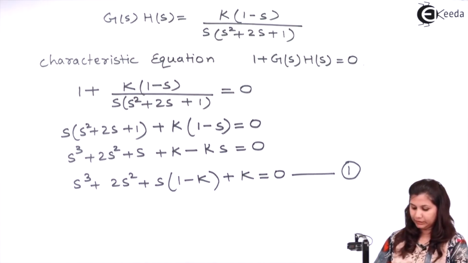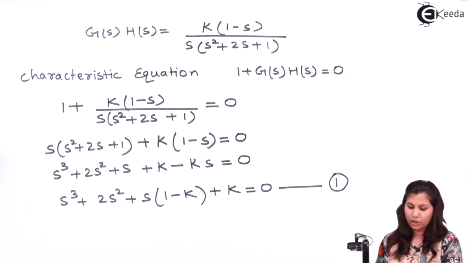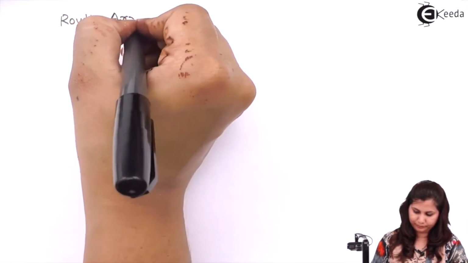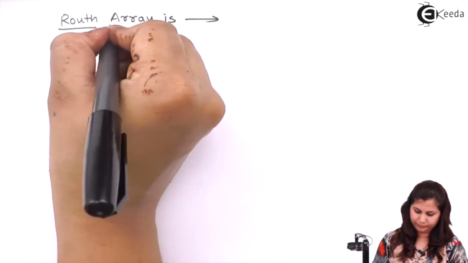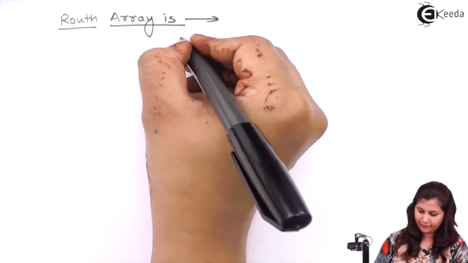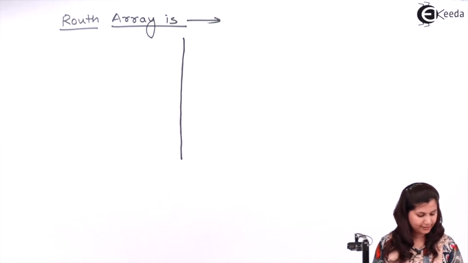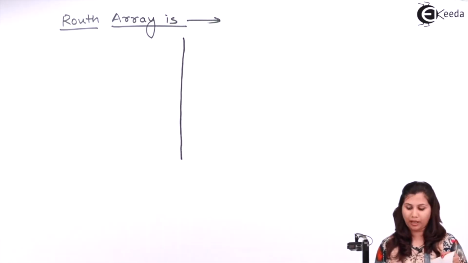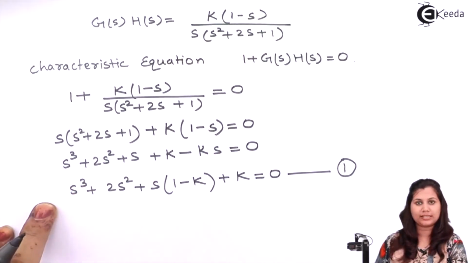Now obtain the Routh array using this characteristic equation. We are having the highest power of s in this characteristic equation as s cube, and its coefficient is 1.